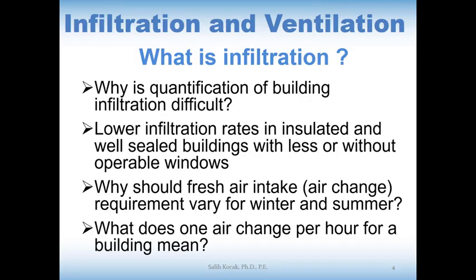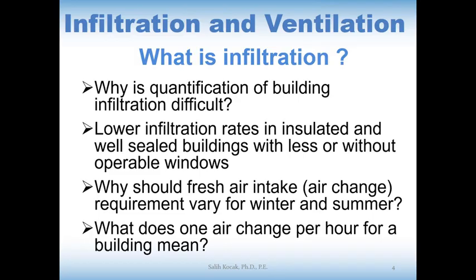So if I give you the dimensions of a room, and if I give you the air change per hour for that room, and if I ask you what is the CFM value, which is to find the fresh outdoor air CFM for this 9 by 12 by 8 room, this is the calculation that you guys need to perform so that you can find the fresh outdoor air CFM required for the room.